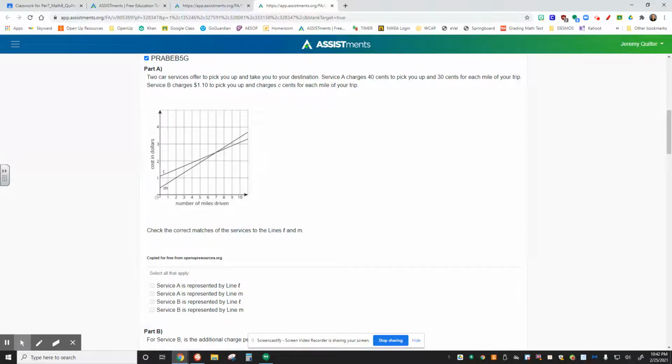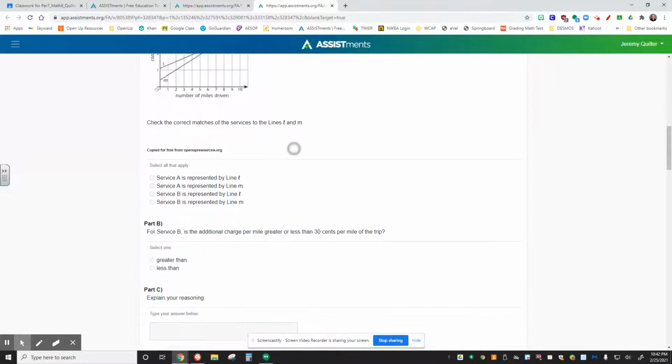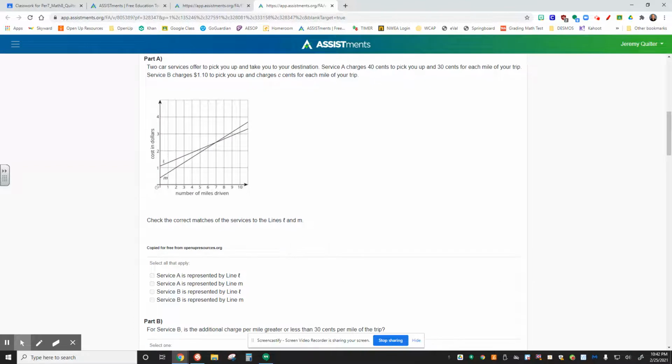Line L would represent one of the services. Line M would represent the other service. We need to recognize which company that is, and I'd like to help you with that. So line L, we see, starts a little bit above 1 on the y-axis.